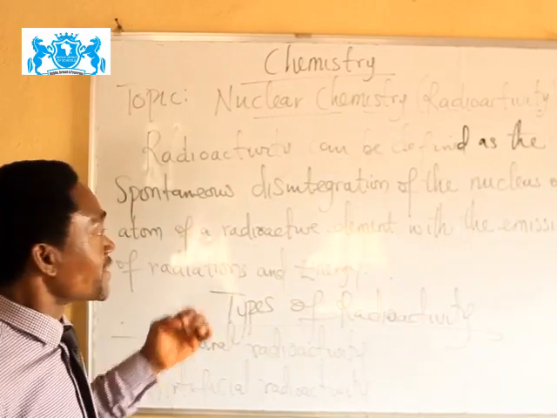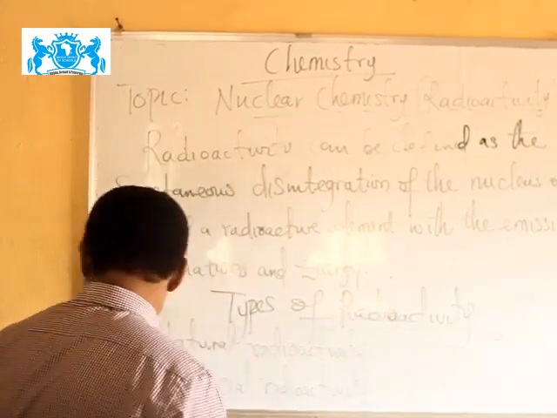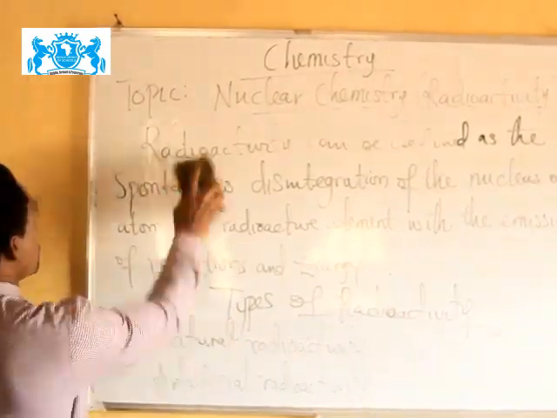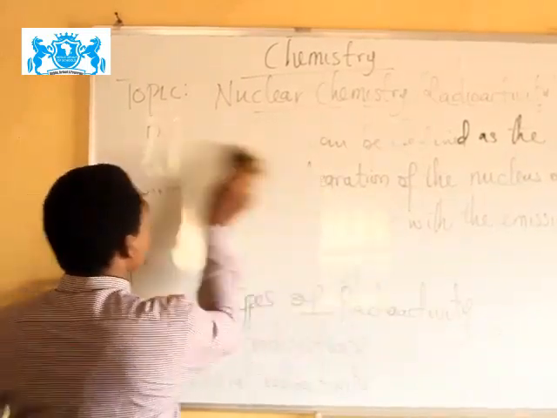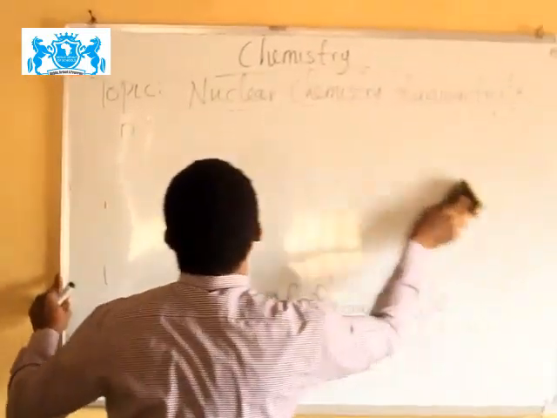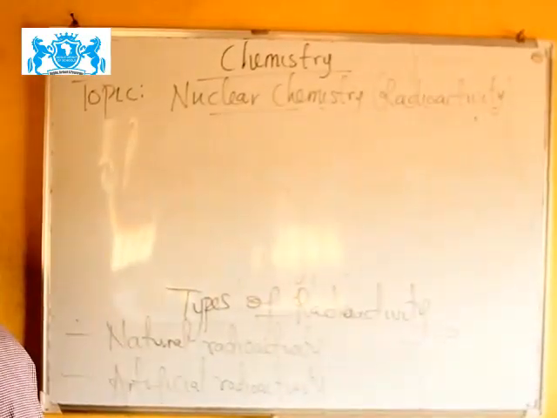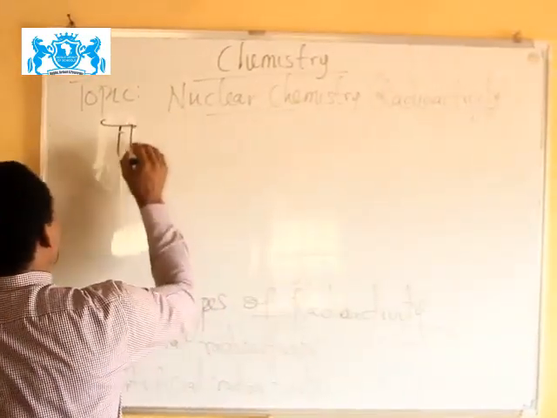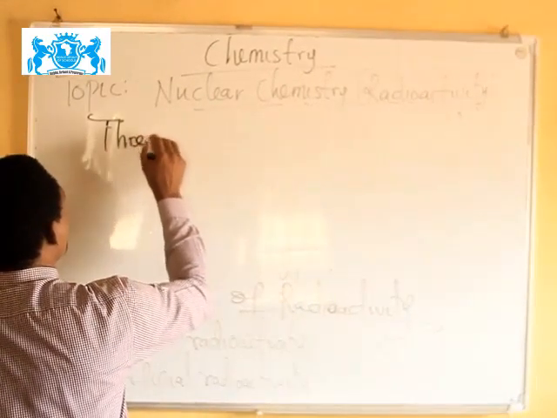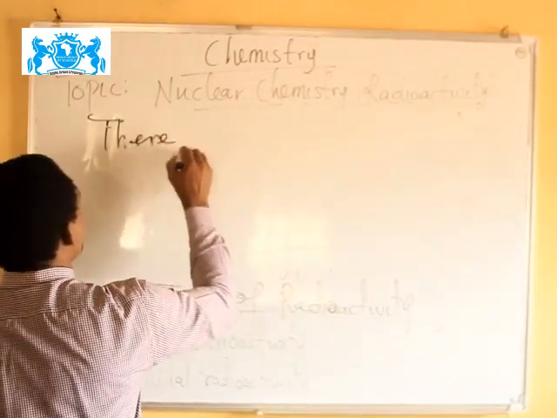Now, the different types of radiations. Quickly, let's look at the three main types. We have different types, but we regard three main types of radiation.